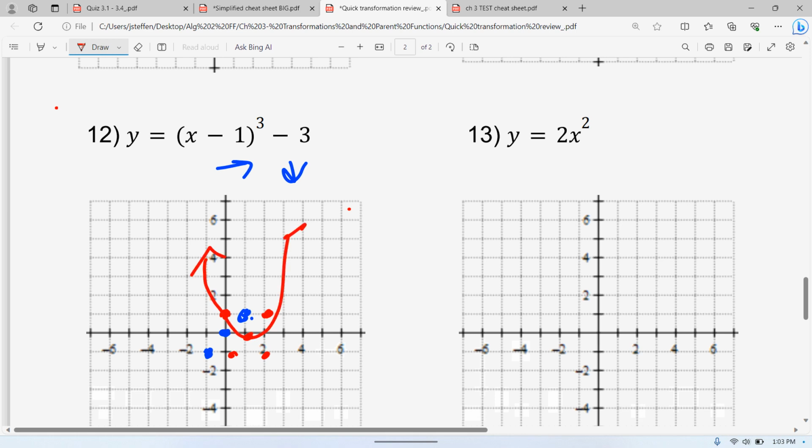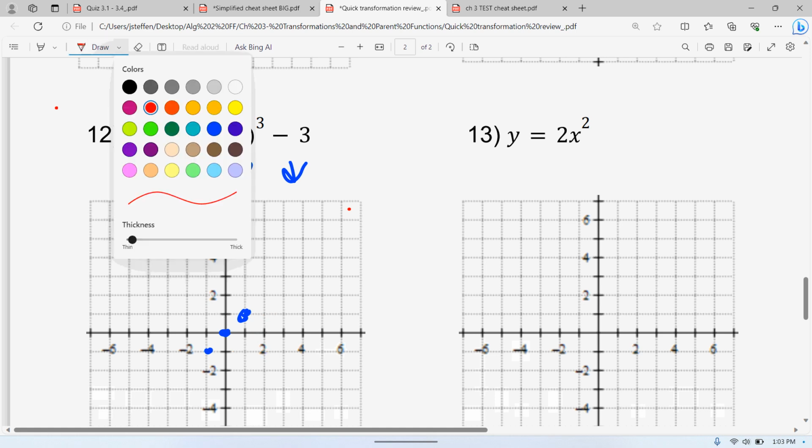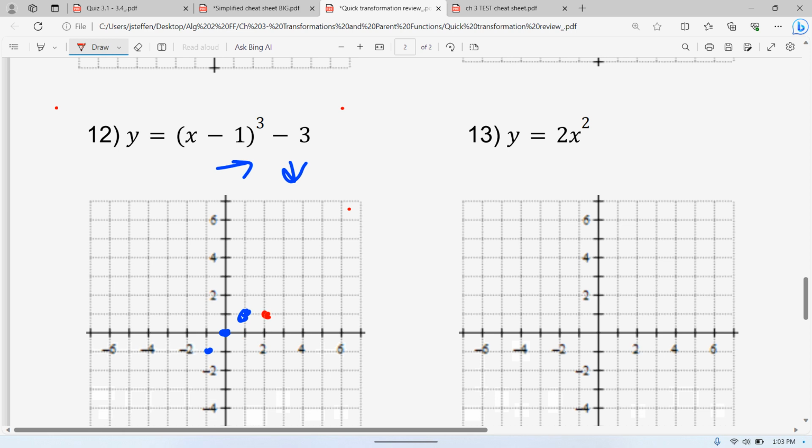Sorry, so that's to the left 1. Sorry, left. Now we need to go down. I'll start over. So we start with the parent function. I move everything to the right one. Down 3.